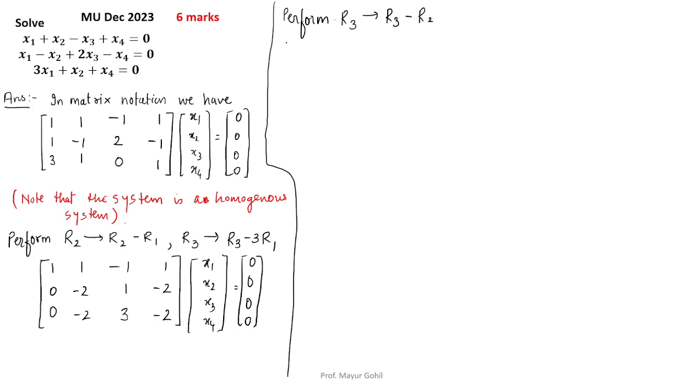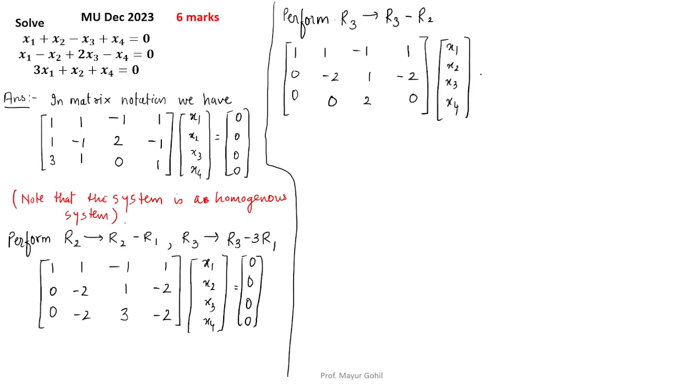So we get here 1 1 minus 1 1, 0 0 minus 2 1 minus 2, and here we will get 0, 0, and 3 minus 1 is going to be 2, and the last component is going to be 0, with x1 x2 x3 x4 equal to 0 0 0 0. Now we can see this cannot be reduced further because this is the row echelon form.